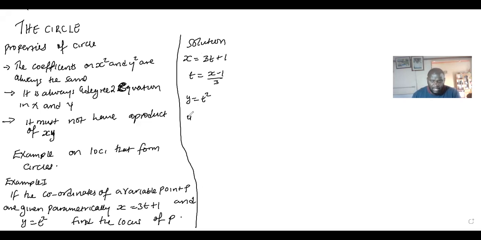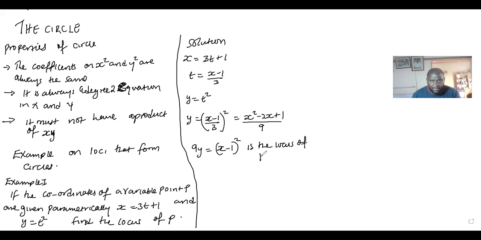So we shall have y is equal to x minus 1 over 3, all of this squared, and this gives us x squared minus 2x plus 1 divided by 9. So 9y is going to be equal to x minus 1 squared, which is the locus of P.